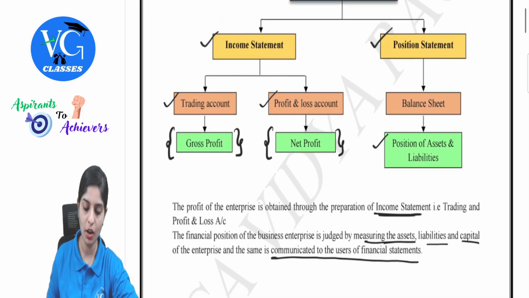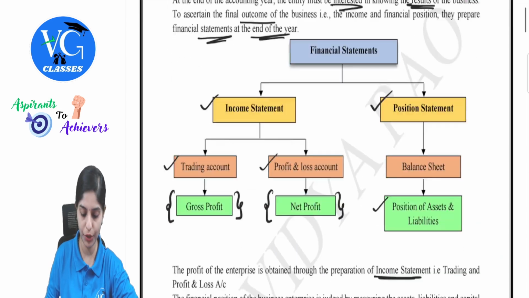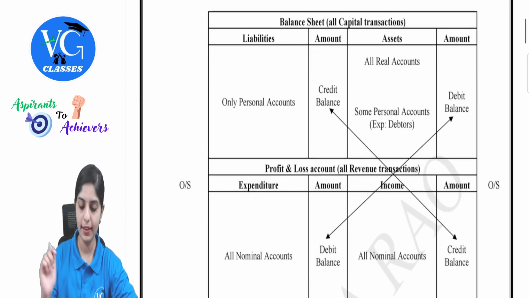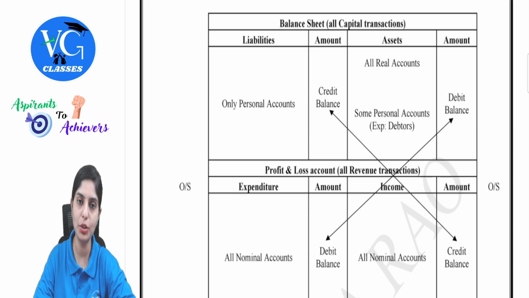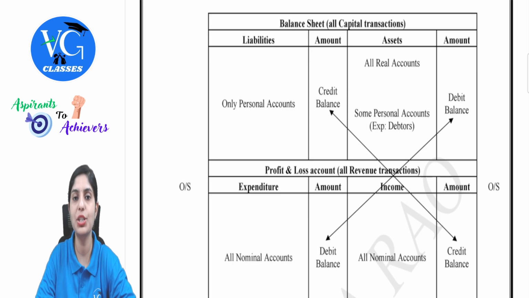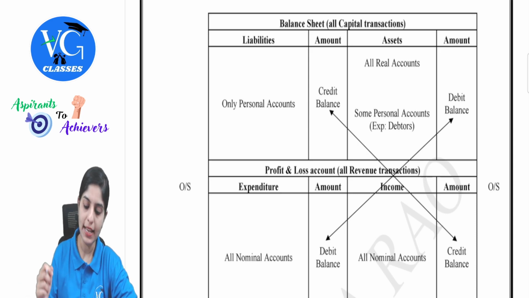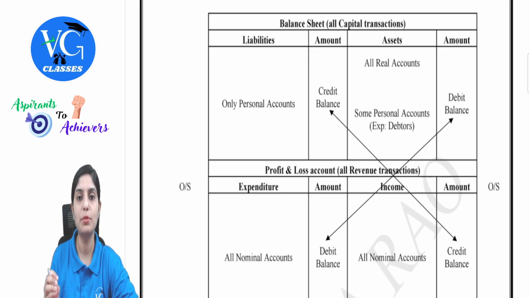Now this is just what we understood as an overview. Here, what I have presented is a way to get an idea of the placement of items with respect to capital and revenue, and then the classification like income, expense, asset, liability and capital. As we are all aware, in the balance sheet we can only observe capital transactions.